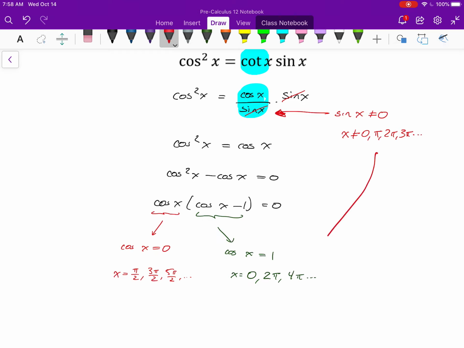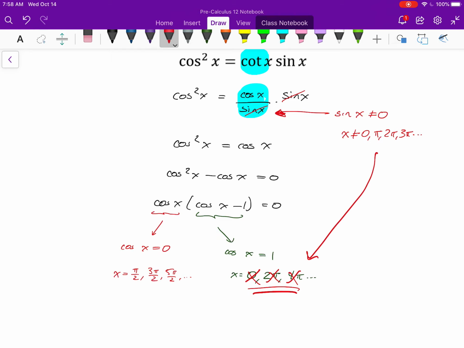Notice all of these values right here are part of this list, and so I need to reject these. Anytime x equals 0 or 2 pi or 4 pi, that cotangent function, when I substitute x with that value, will not be evaluated.